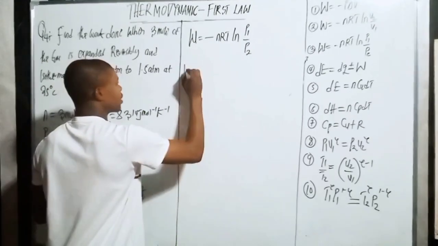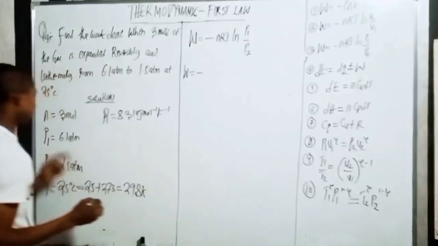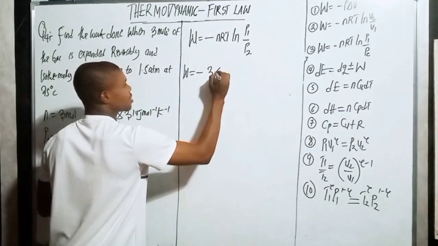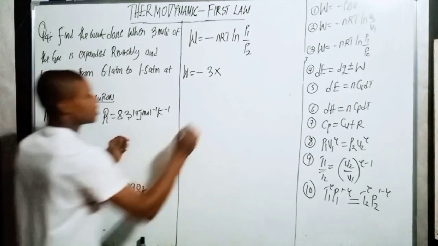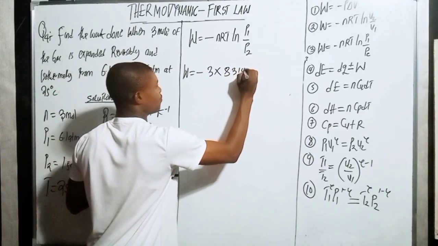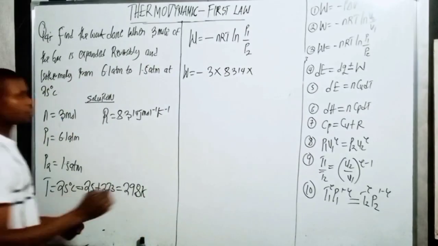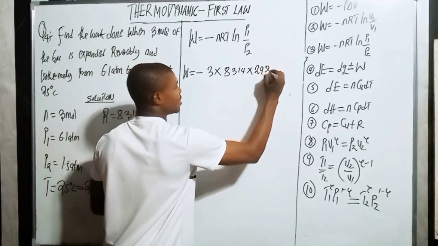So W here equals to minus. My n is 3, so 3 times R, which is 8.314, times my T, which is 298, ln.